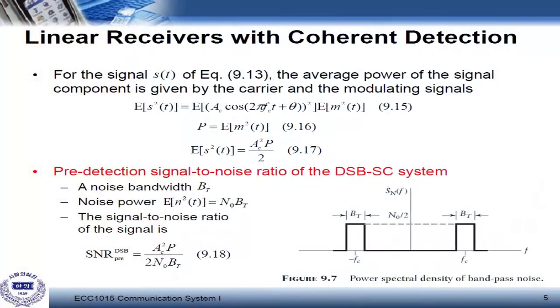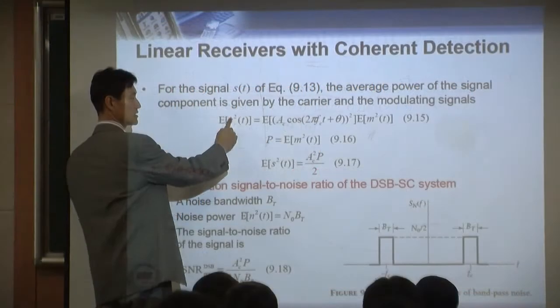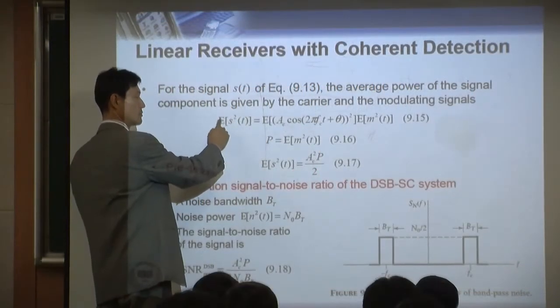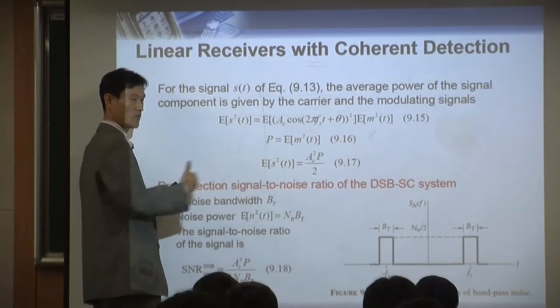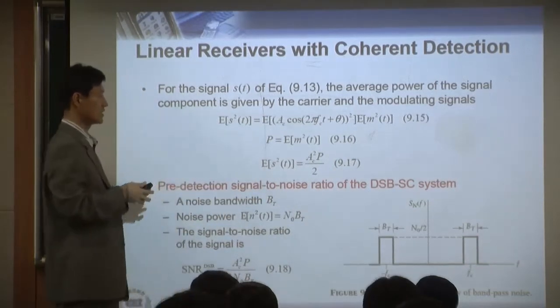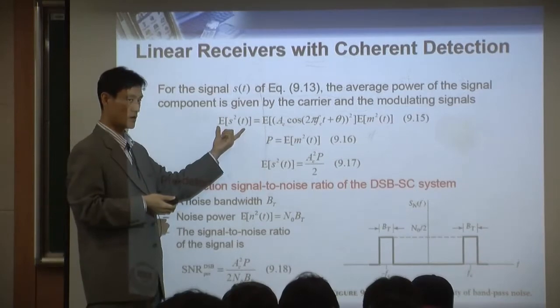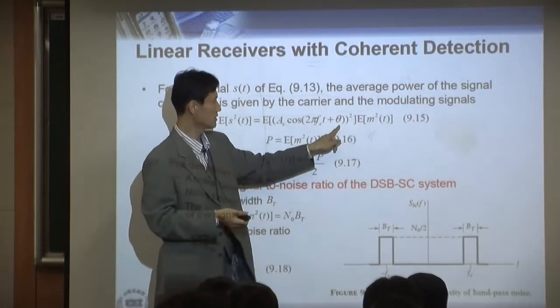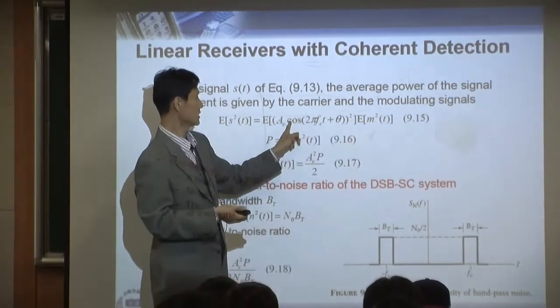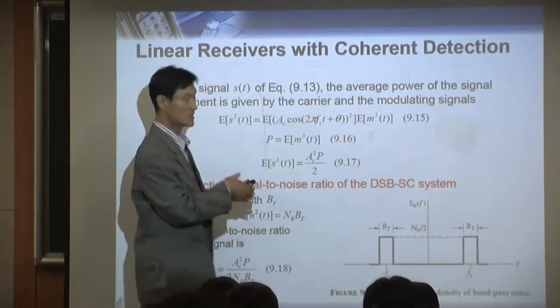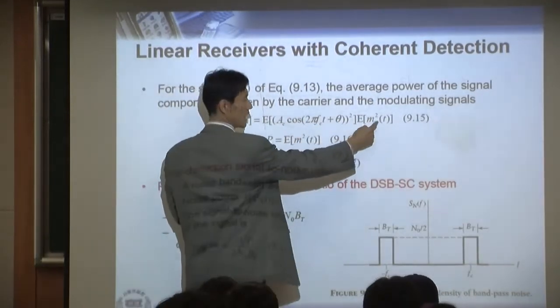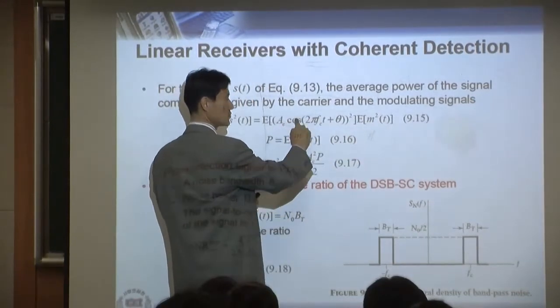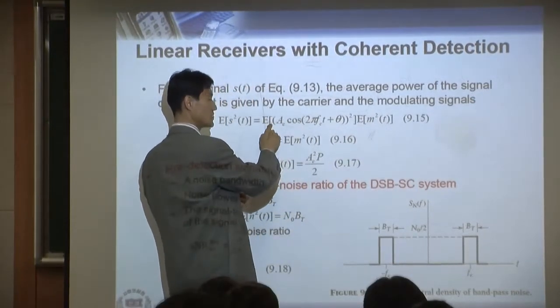Expectation, because we are taking the average, and then s squared, because we are calculating the power. s squared means power, and expectation means time average. So this is how to calculate the average signal power. This is our s(t), so you put it here. The same thing. To see it clearly, I just separated it, but m(t) was here. So you do the square, and then the expectation.